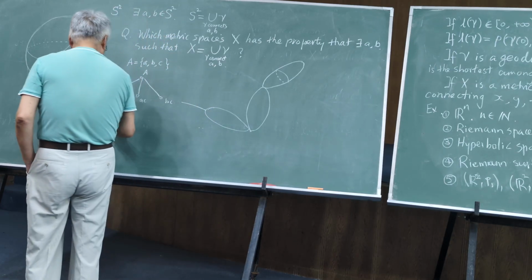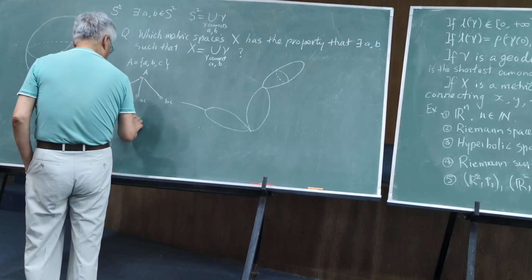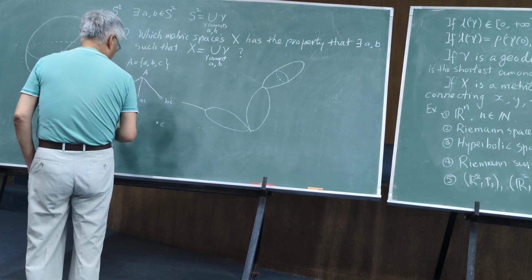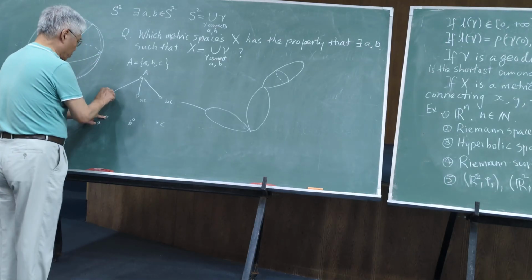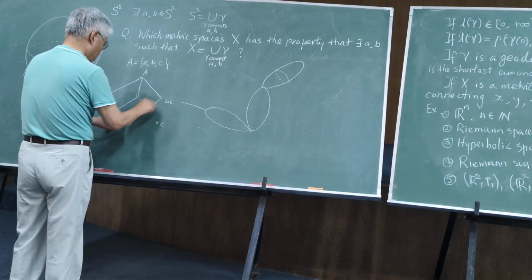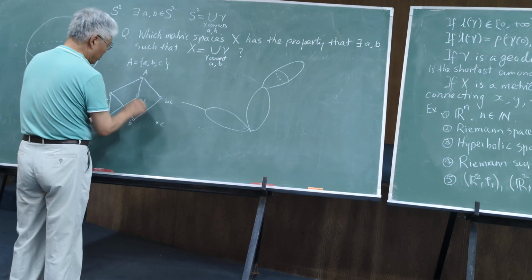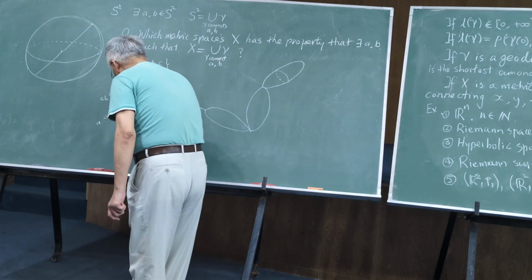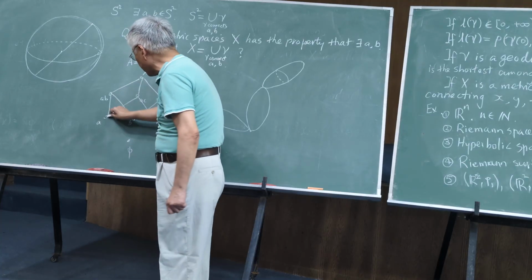And there we have A. Here we have B. Here we have C. A is contained in these two. B is contained in those two. C is contained in these two. And we have the empty set. All subsets of the set with 3 elements.